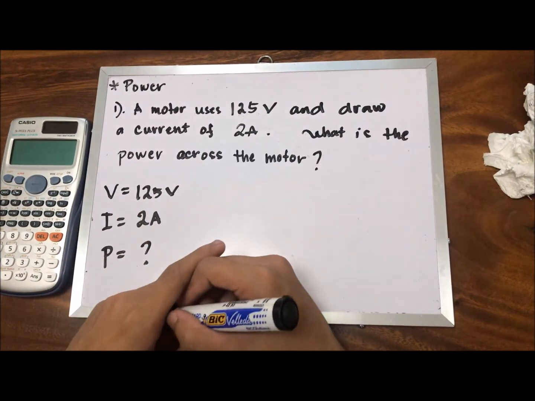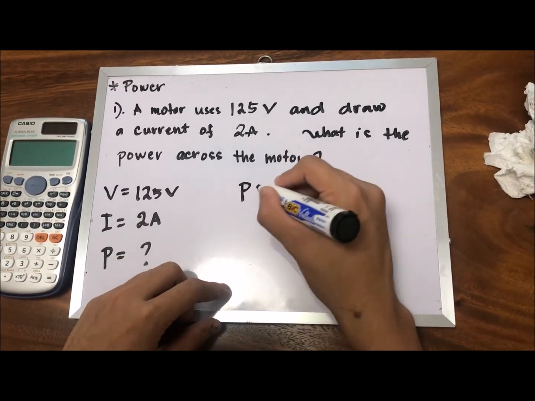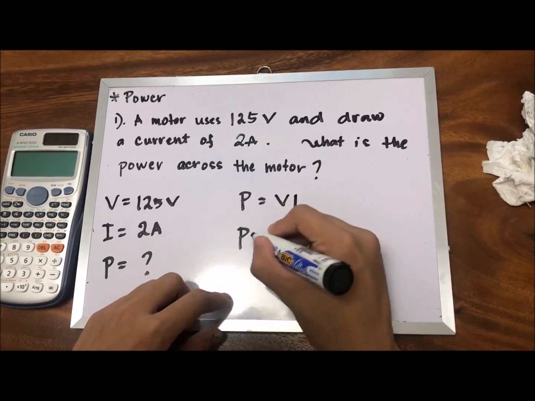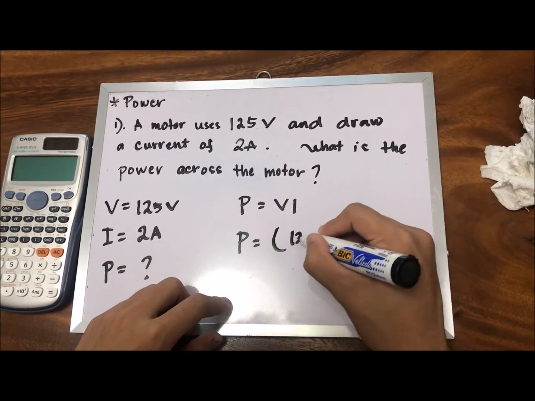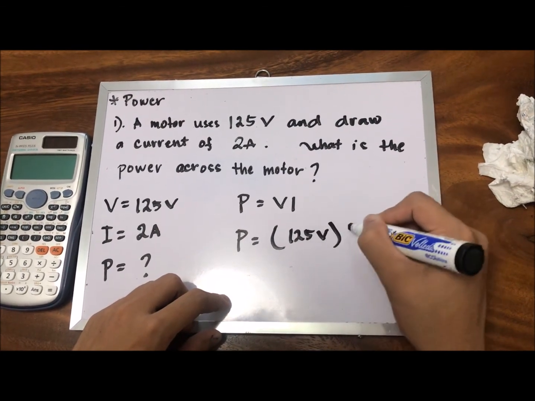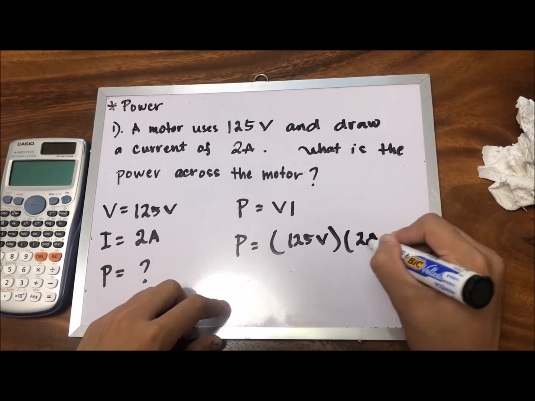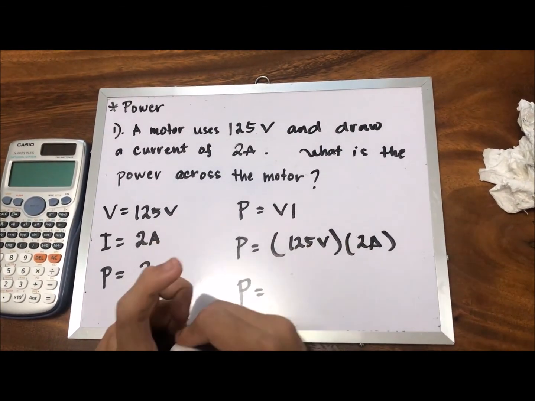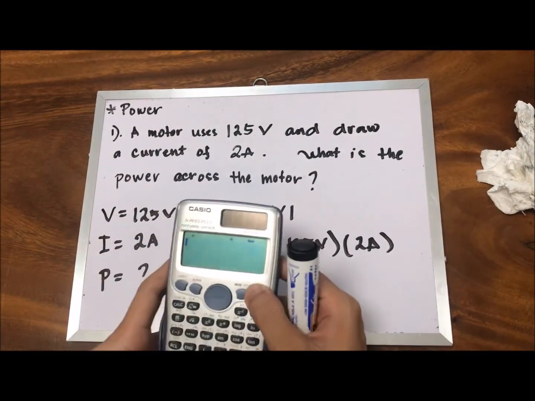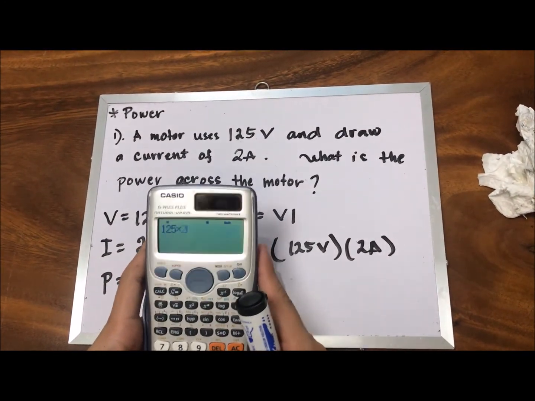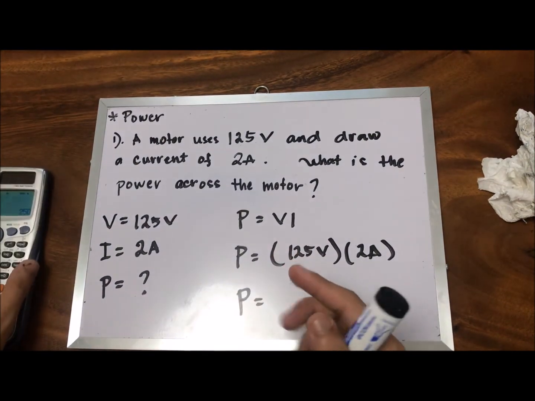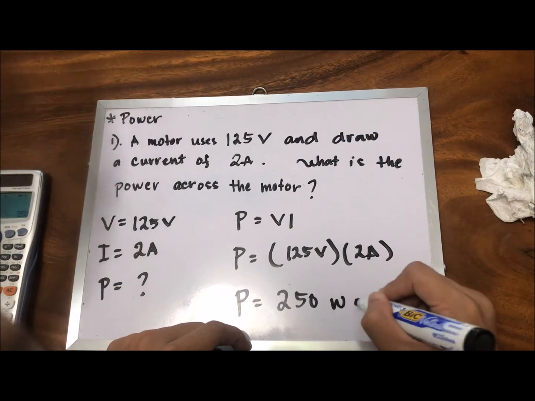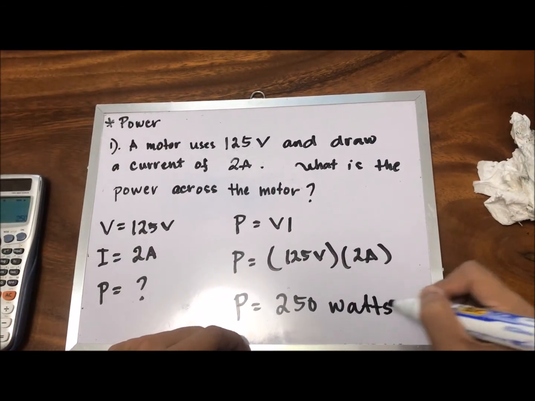To get the power, we will multiply the voltage by the current. 125 volts times 2 amperes, and the answer is 250 watts. The final answer is 250 watts.